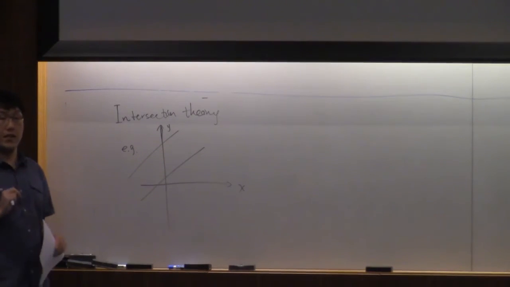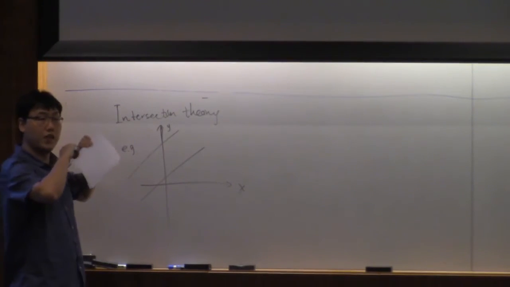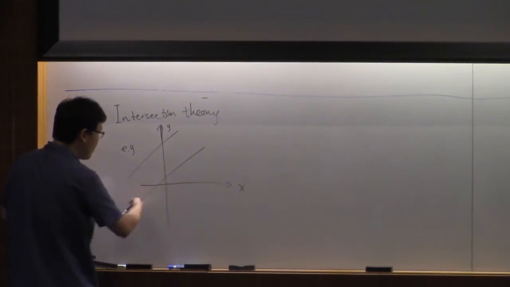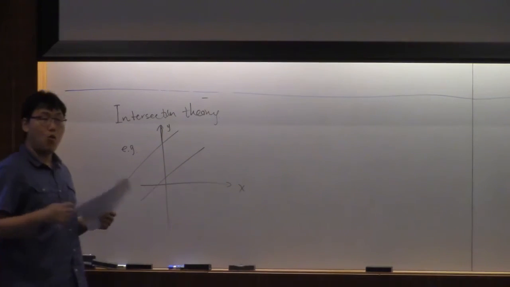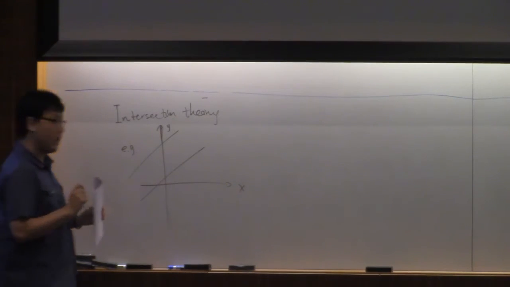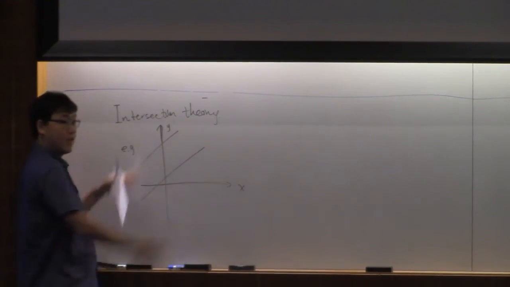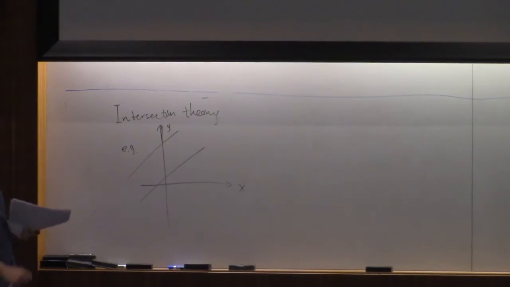Then you have two possibilities. The intersection number, you consider two different lines, okay? Then the intersection of these two different lines might be empty, or maybe they intersect at exactly one point. The intersection is empty if they are parallel, or otherwise the intersection consists of a single point.